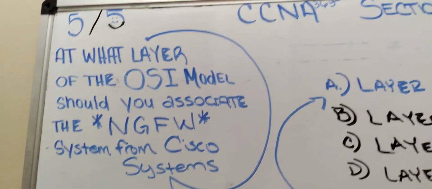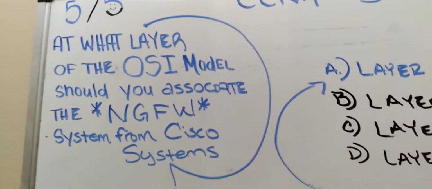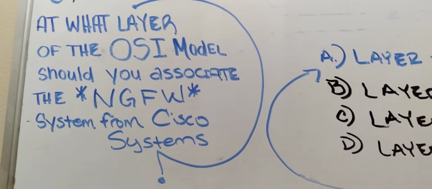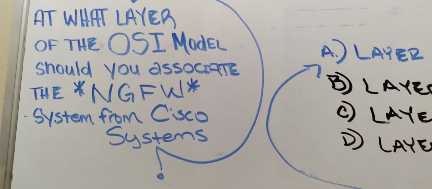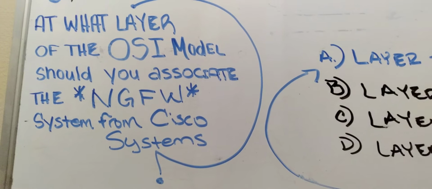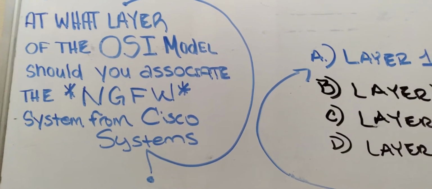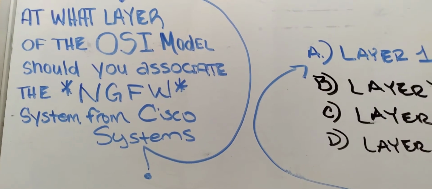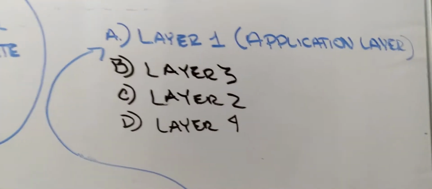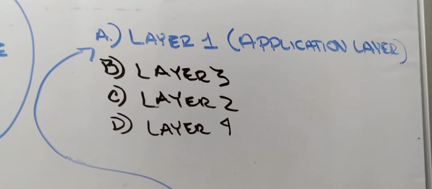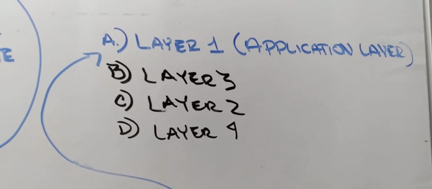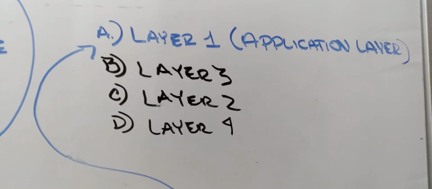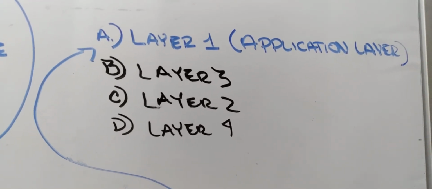And lastly, number 5 for today, at what layer of the OSI model should you associate the NGFW, next generation firewall system from Cisco Systems? Is it A, layer 7, application layer, B, layer 3, C, layer 2, D, layer 4?